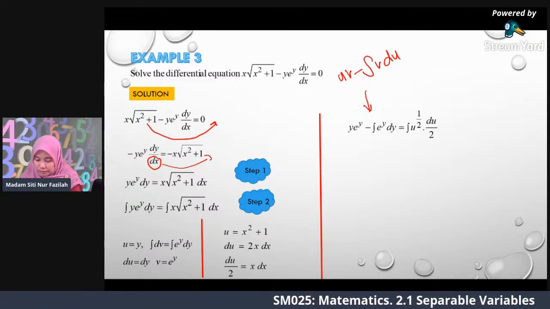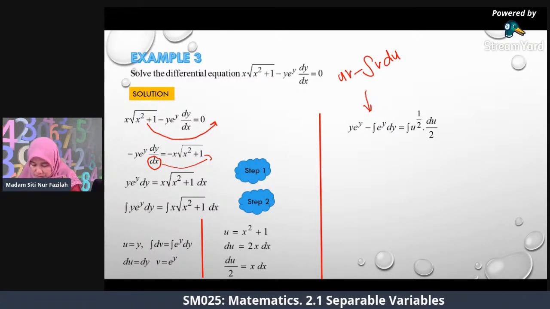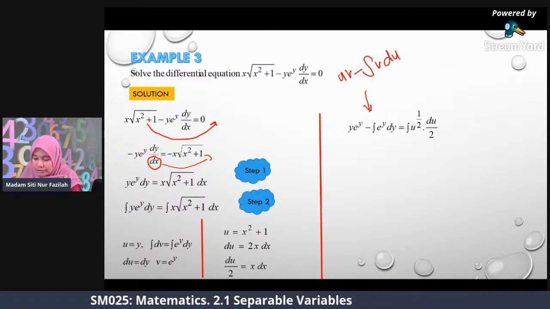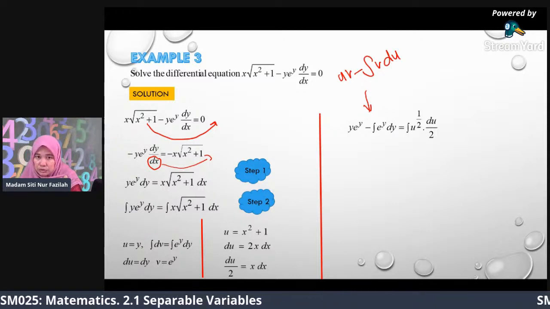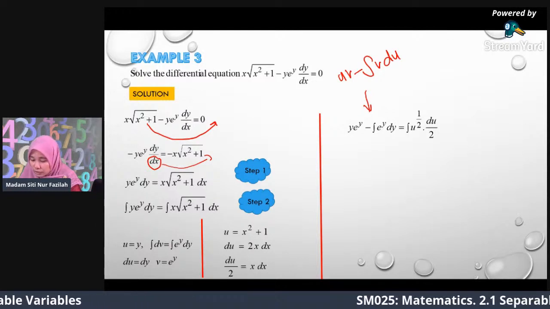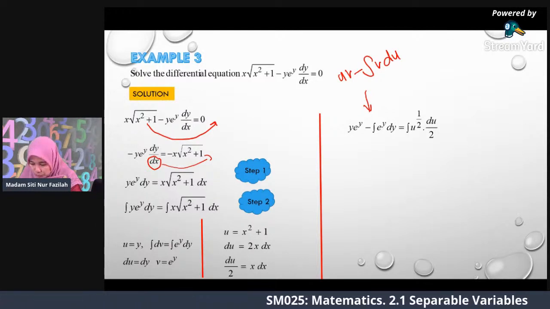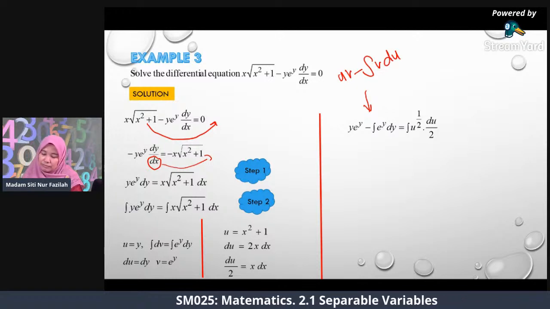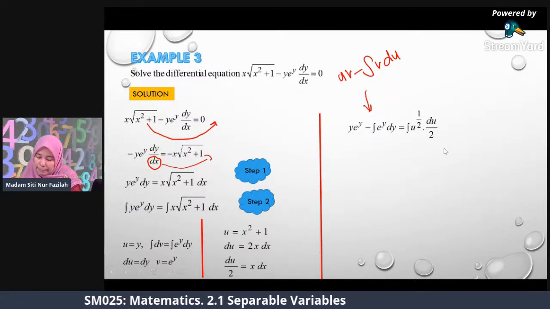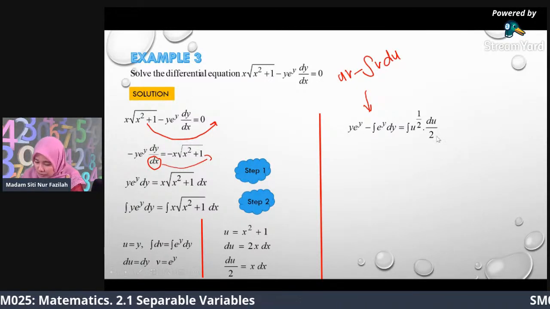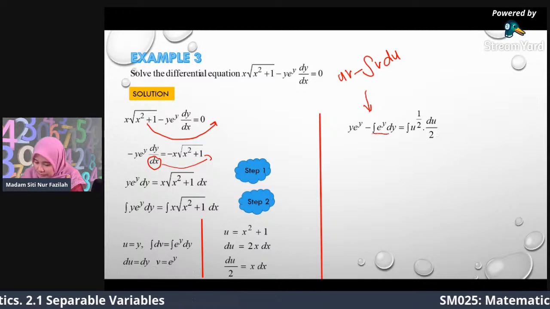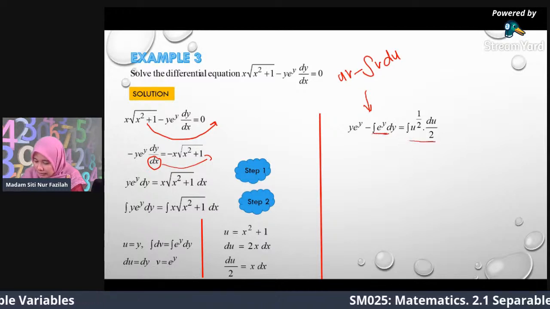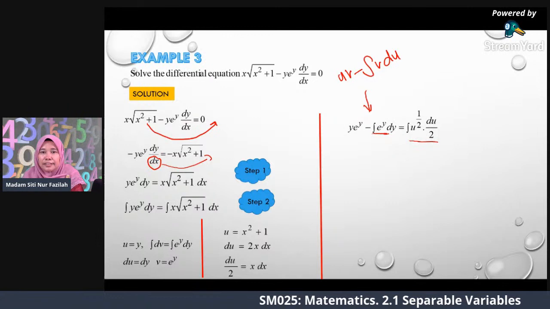For the right side we must use substitution, so we can get the integral of u^(1/2) multiplied by du/2. That means we need to settle the left part for integration and the right side for integration.